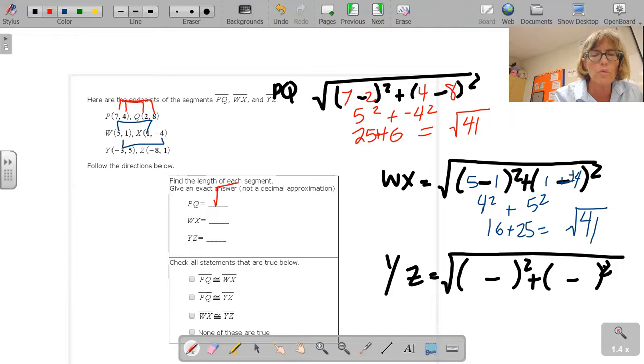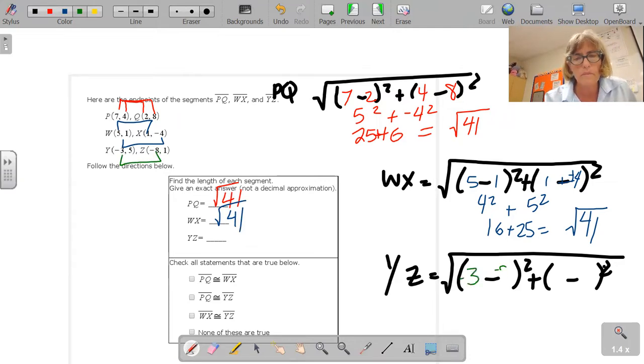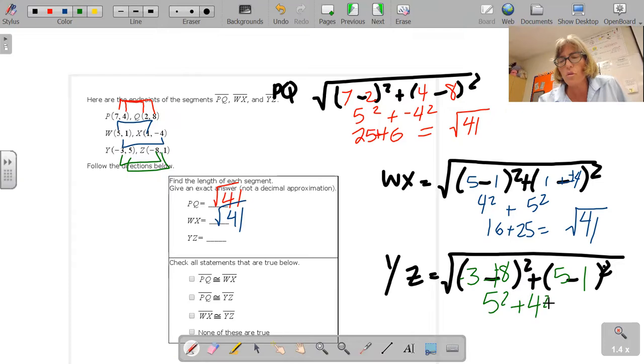So far I have root 41. WX, I have root 41. Let's check YZ. Double negative makes a positive. That makes this 5 squared plus 4 squared, 25 plus 16, also root 41.